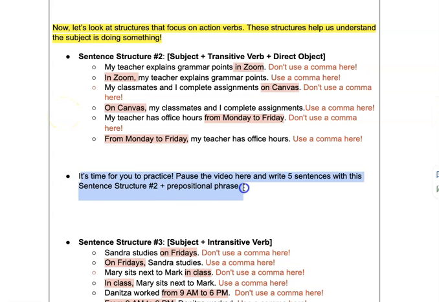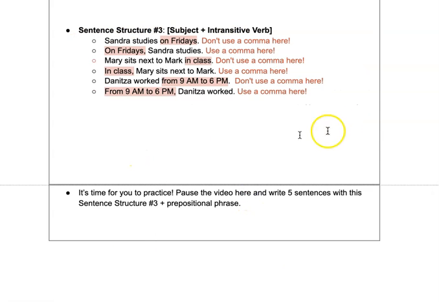Okay, please take 5 minutes to write sentences using the sentence structure 2 with prepositional phrases. Remember, you can add a preposition of time or of place. They are both correct.